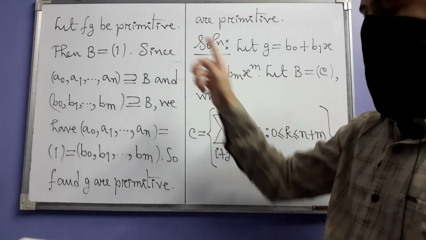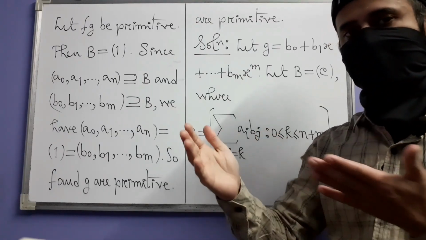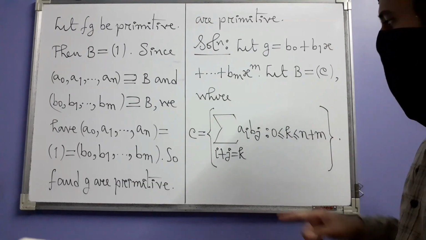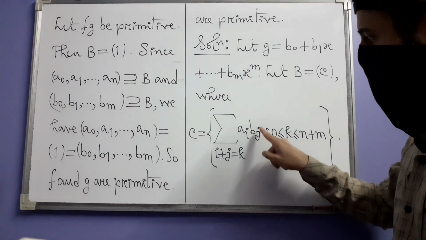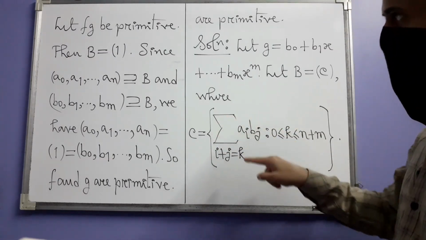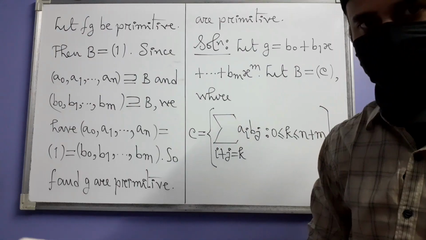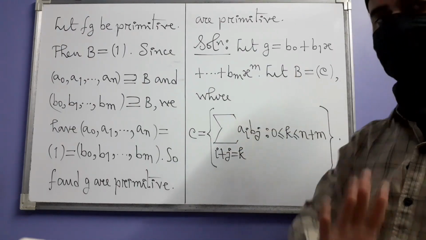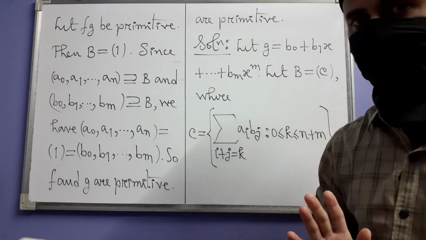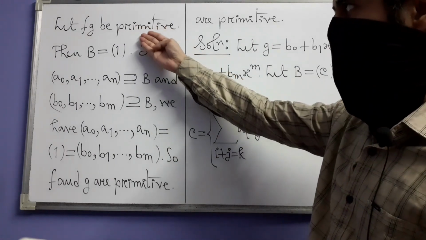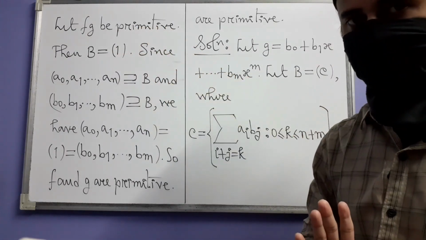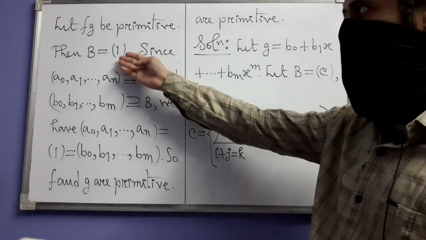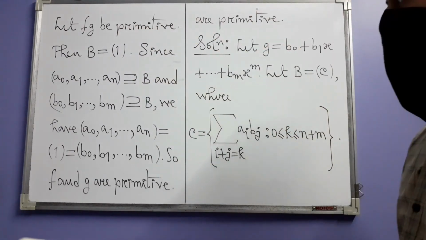A polynomial is said to be primitive if the ideal generated by its coefficients is the entire ring. Look carefully and see that these are actually the coefficients of the product fg, and B is just the ideal generated by the coefficients of fg. So assuming that fg is primitive just means this. Alright, so that is one thing that we are getting straight from this assumption.